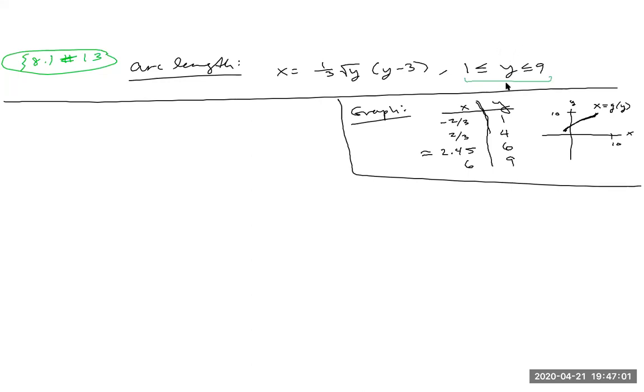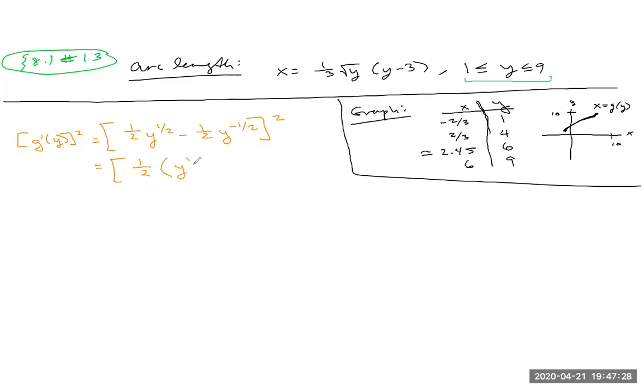All right, so let's go ahead and look at the quantity g prime y squared. That would be the quantity 1/2 y to the 1/2 minus 1/2 y to the negative 1/2 squared. I'm going to go ahead and factor out a 1/2 inside the brackets.